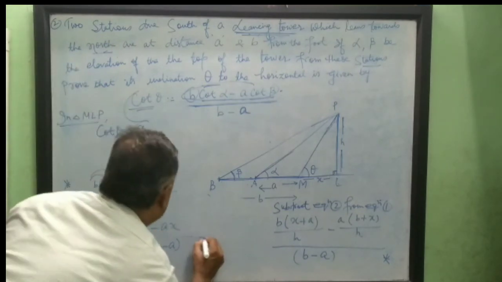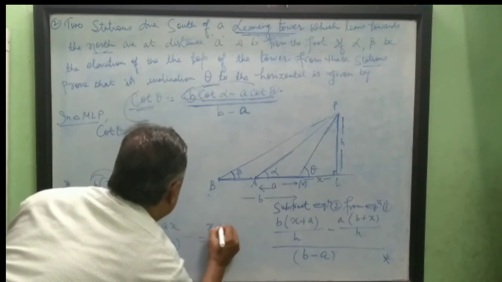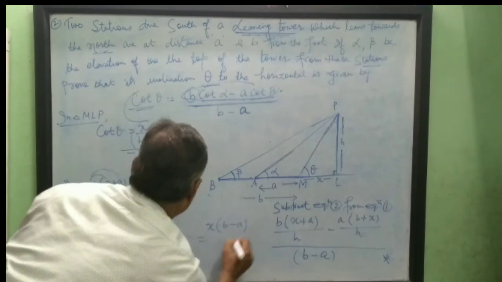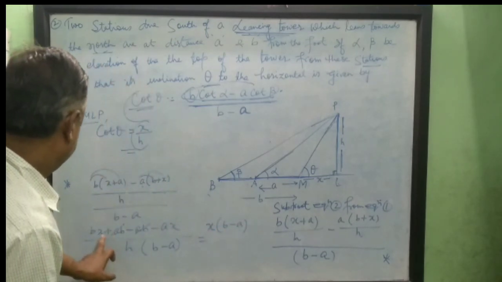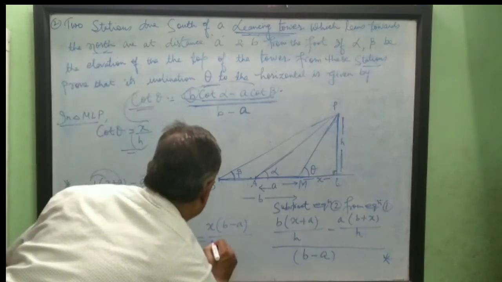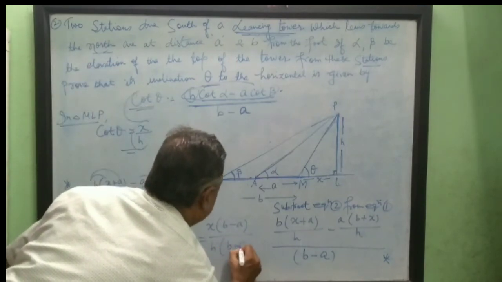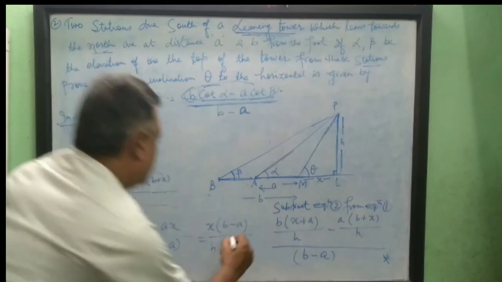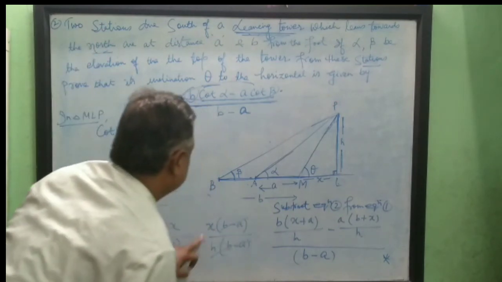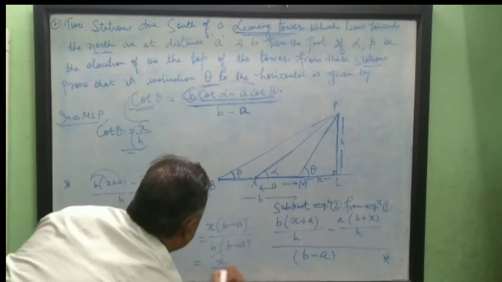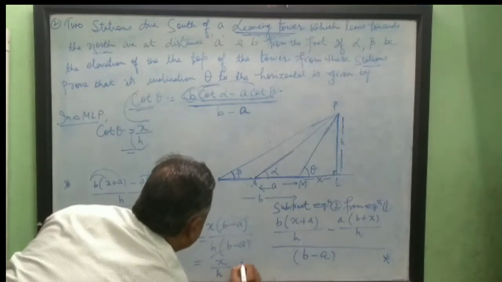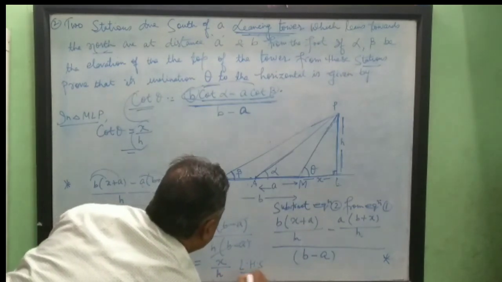Here BX minus AX. So X outside within bracket B minus A, and here it is H into B minus A. Now B minus A and B minus A cancel, which is giving X by H, and this is our LHS.